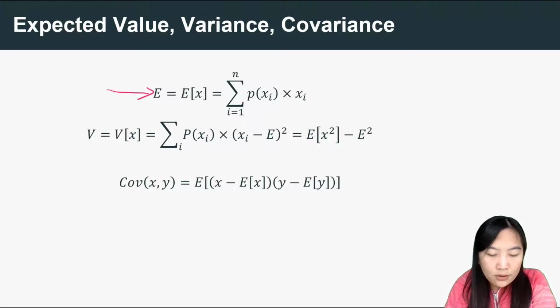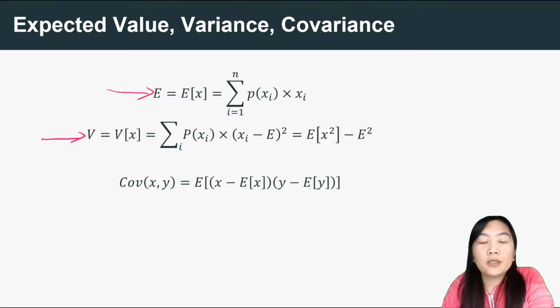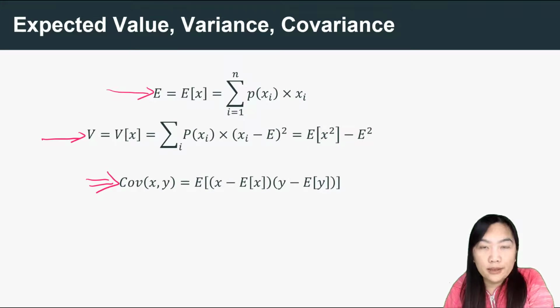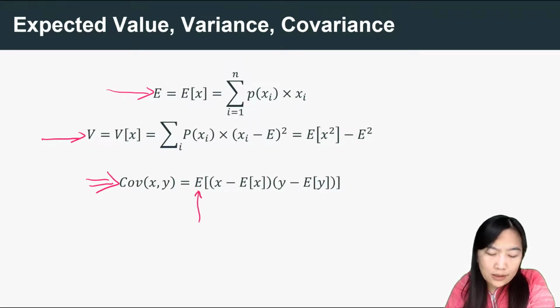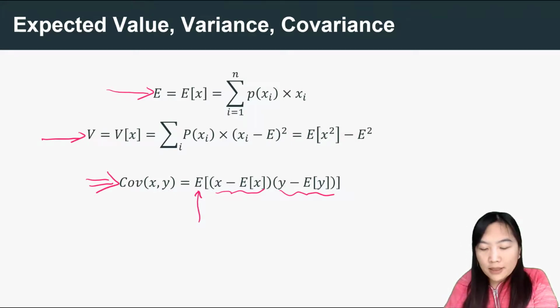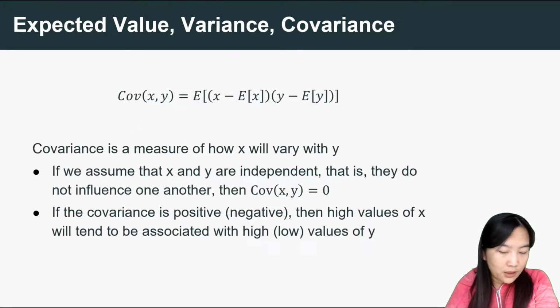So we have introduced E, we have introduced V, and this one, the covariance between X and Y, that's the new term here. It is also an expectation. So it is an expectation of X minus its expectation times Y minus the expectation of Y. Again, I'm not expecting you to be able to calculate it, but from this expression, there's something that you can learn about covariance.